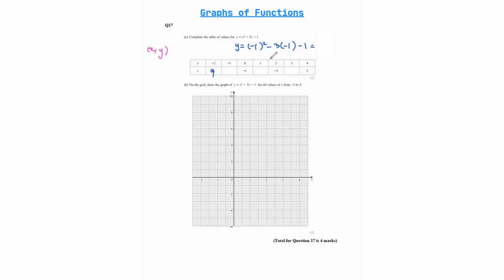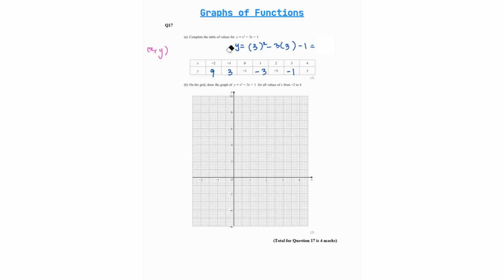So that's going to give us a value of 3. Then with +1, it's going to give us a value of -3. And lastly, with x equals 3, that's going to give us a value of -1.